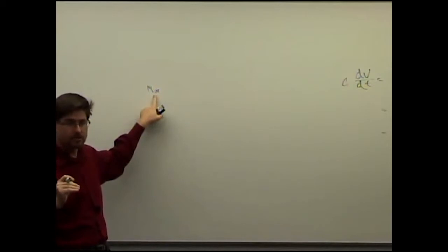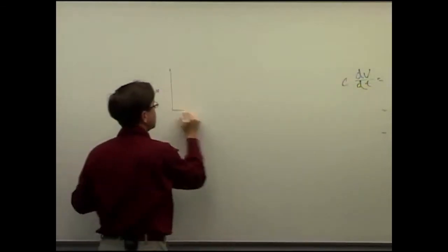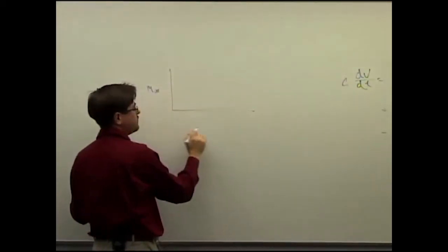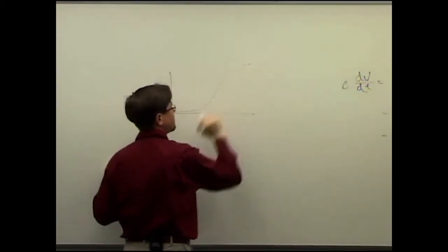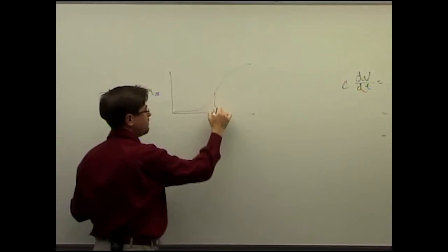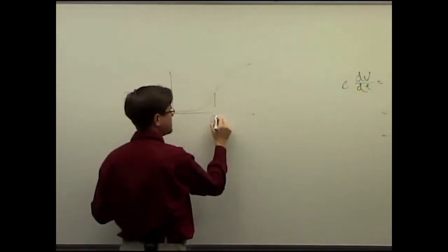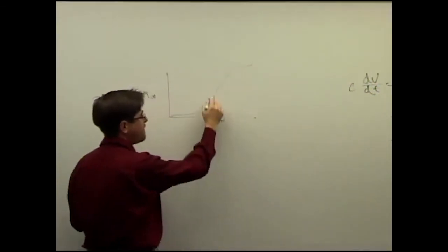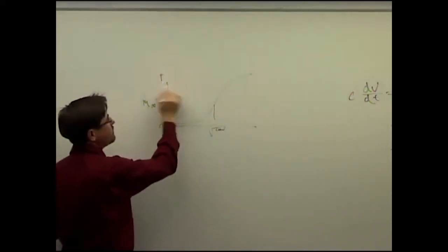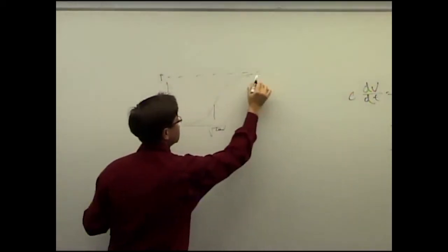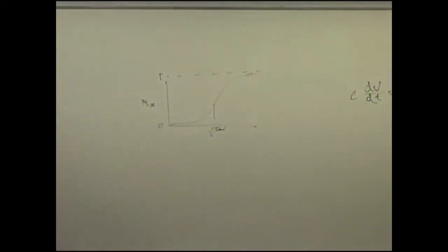We can plot how many channels we would expect to see open given a particular voltage, and we see something like that, where around minus 20 millivolts is the half activation. This is 0, and this is all of the channels being open. So it makes a sigmoid function like that.